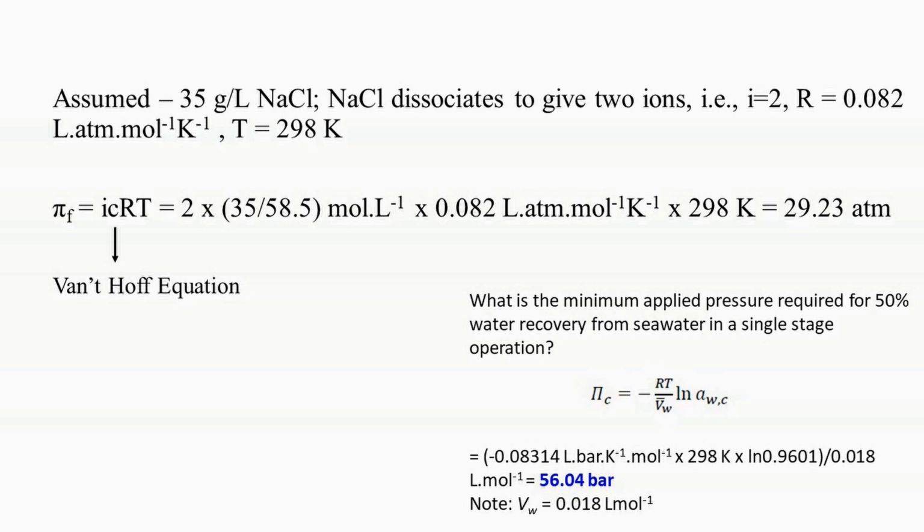And now you know why reverse osmosis, for example, is a great process, but it's a high pressure process, because I have to apply a high pressure to overcome that osmotic pressure. Now, I can also do the same type of calculations. I know that work is basically the same thing as PV.